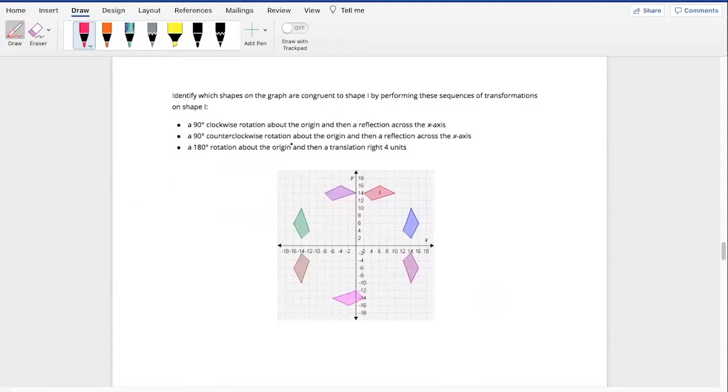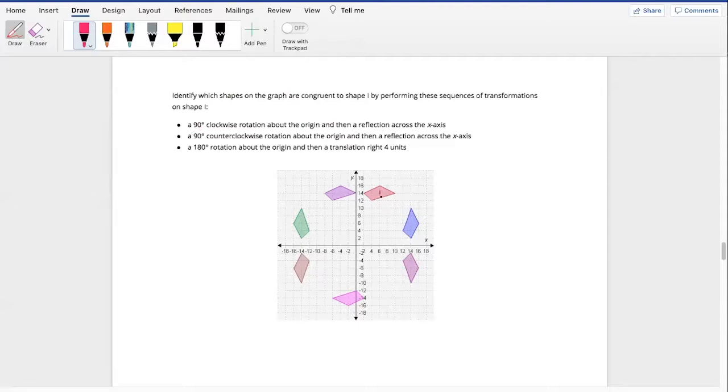All right, oh, this looks fun. Identify which shapes on the graph are congruent to shape 1. Here's our shape 1 we're starting with, by performing the sequence of transformations. So a 90-degree clockwise rotation.